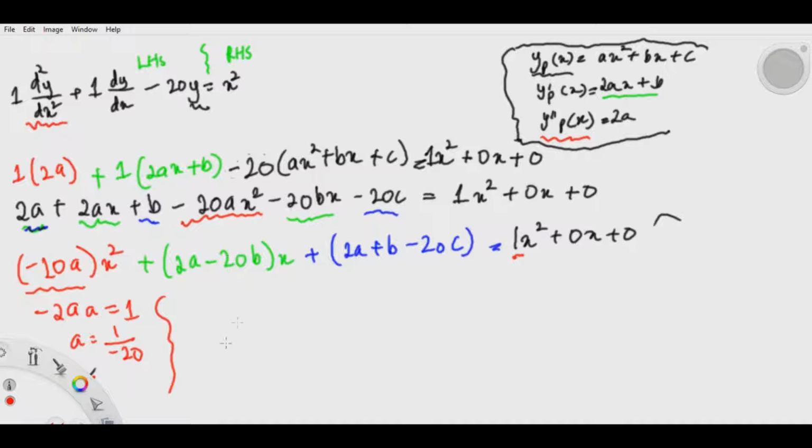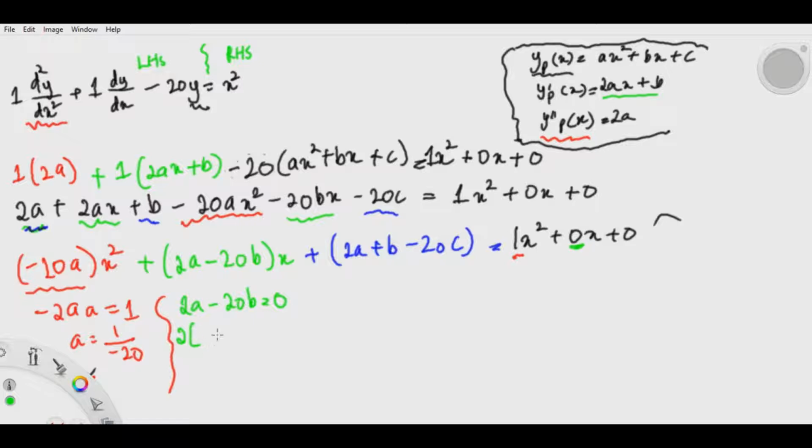Let's do this for the second part, because now we're going to find out b. We found a, now we're going to find b. So this equation says 2a minus 20b equals, well, the counterpart is 0, so this equals 0.